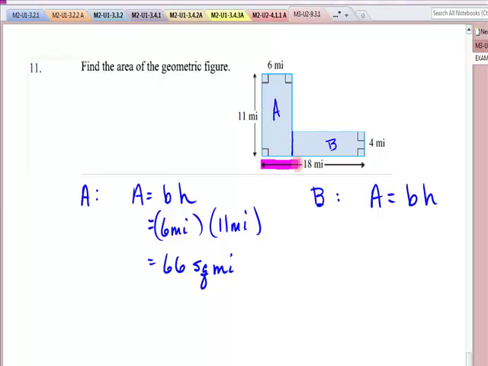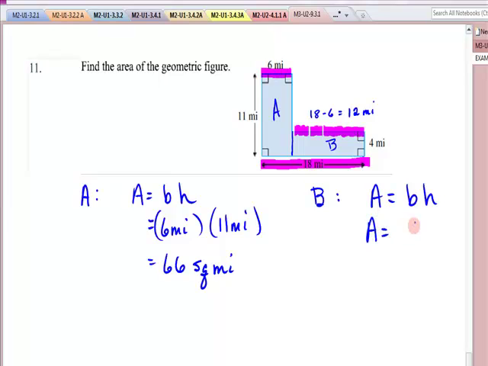If this entire distance is 18 and this much of it is 6, then how are we going to figure out this piece? Well, it should be the difference between those. So this piece is going to be 18 minus 6, which is 12 miles. So when you are looking for a horizontal piece, you look at the other horizontal pieces and remember that the sum of the parts makes up the whole thing.